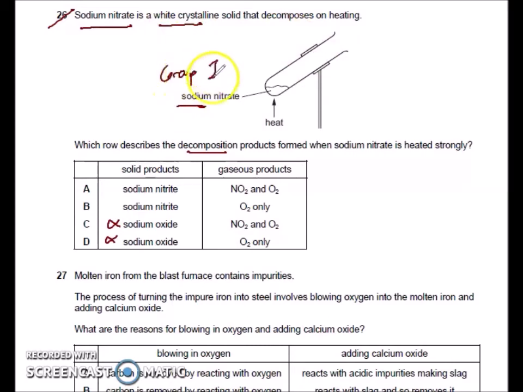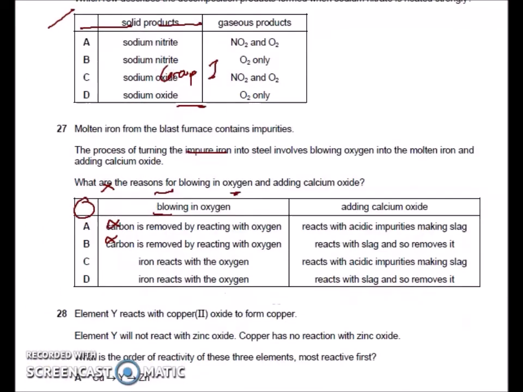Group 1 nitrates only decompose to form a nitrite, and it only releases oxygen. So your A is also wrong. So your best answer here is B. Because all group 1 nitrates will only form sodium nitrite salt, and it will release oxygen gas. Okay, next we move on to 27.